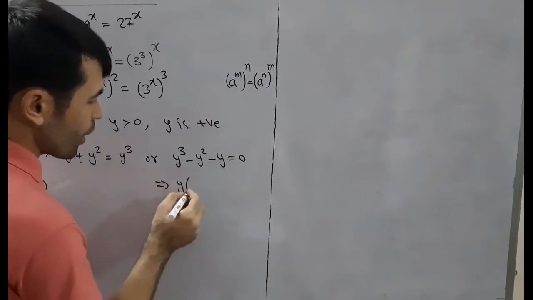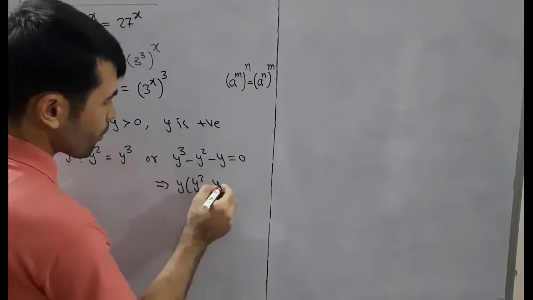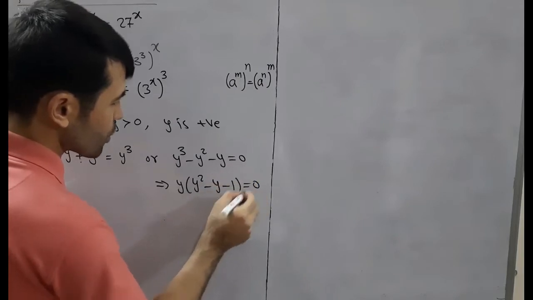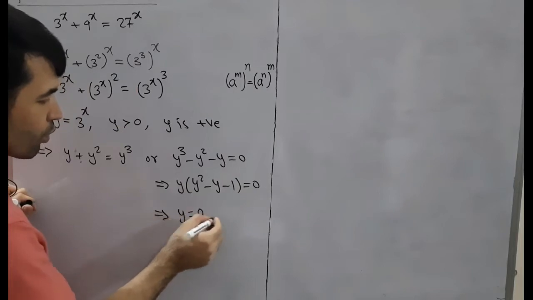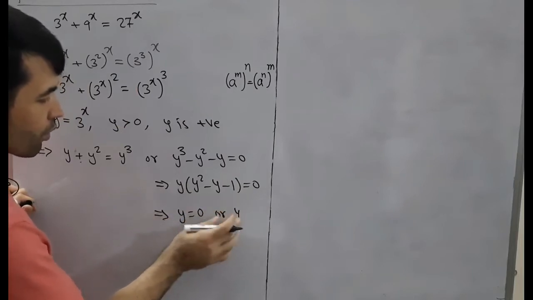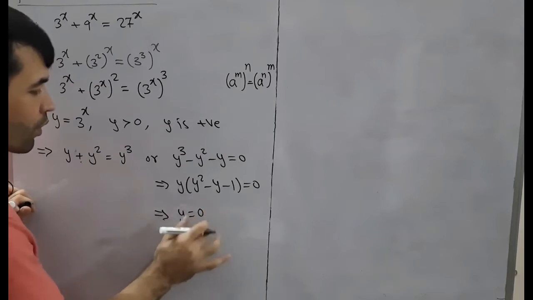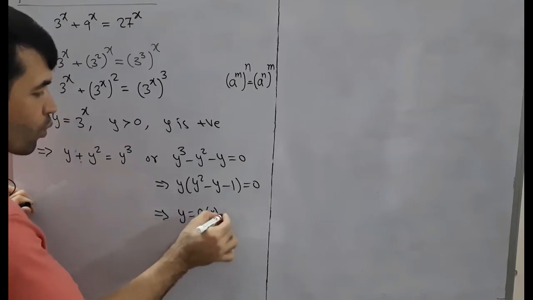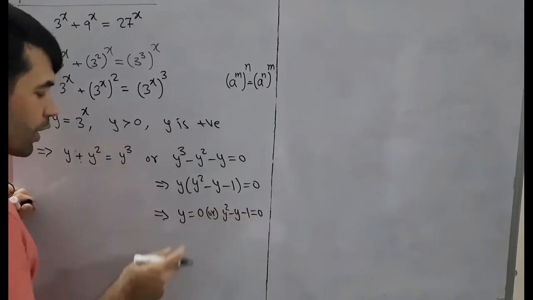From here we factor: y times (y square minus y minus 1) is equal to 0. This implies y is equal to 0, or y square minus y minus 1 is equal to 0.